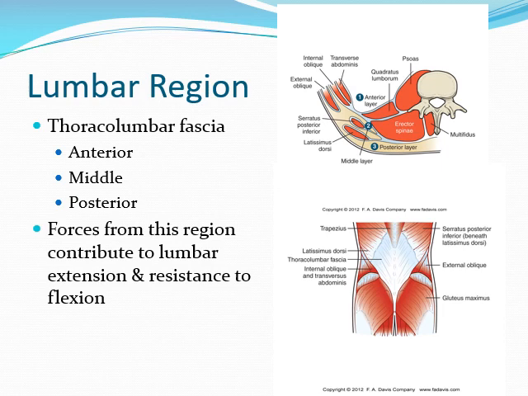So you can kind of look at the picture up top. They kind of have a little cross section there where you can see. So in the anterior layer, the significant structures are the quadratus lumborum and the psoas. In the middle, you have the transverse abdominis. And then the posterior region is significant because that's going to be what attaches the spinous processes and the supraspinous ligament.